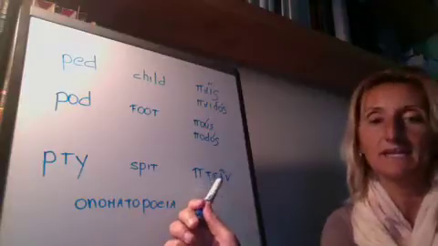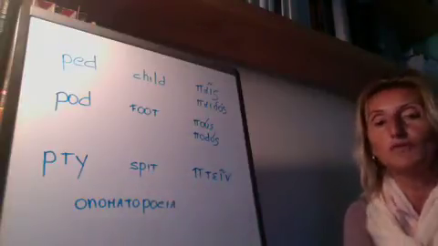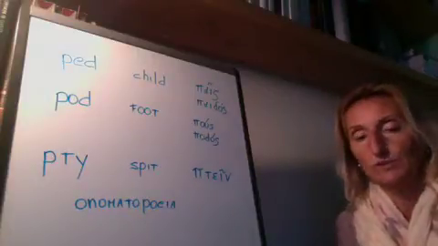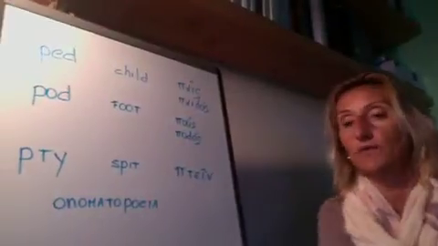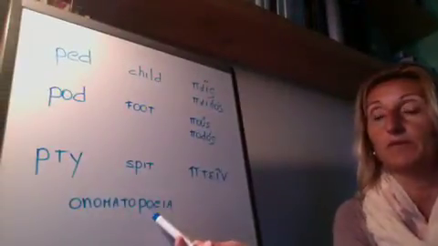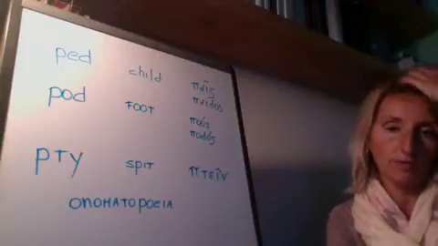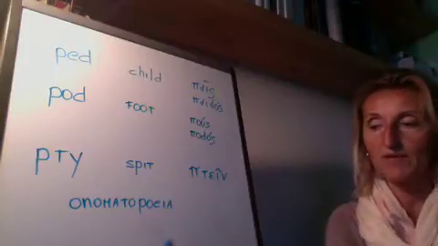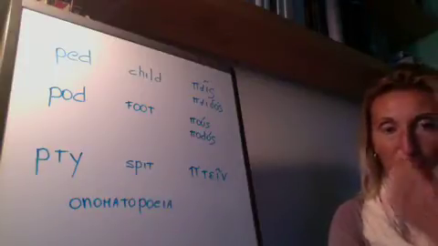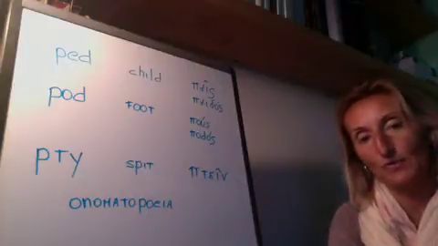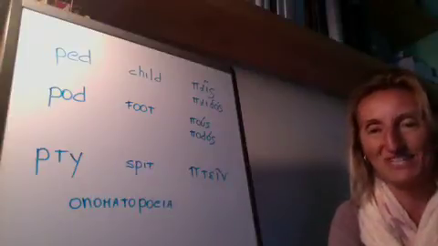From the verb ptein, which means spit, which is one of those words that are called onomatopoeic words, from onomatopoeia, which comes from the verb poiein, that means to make, that you have already encountered, and onomatos, which is the name, so making names, which refers to words that are trying to imitate sounds, okay, so pti. It's trying to imitate the sound of the spitting, so it's an onomatopoeic word.